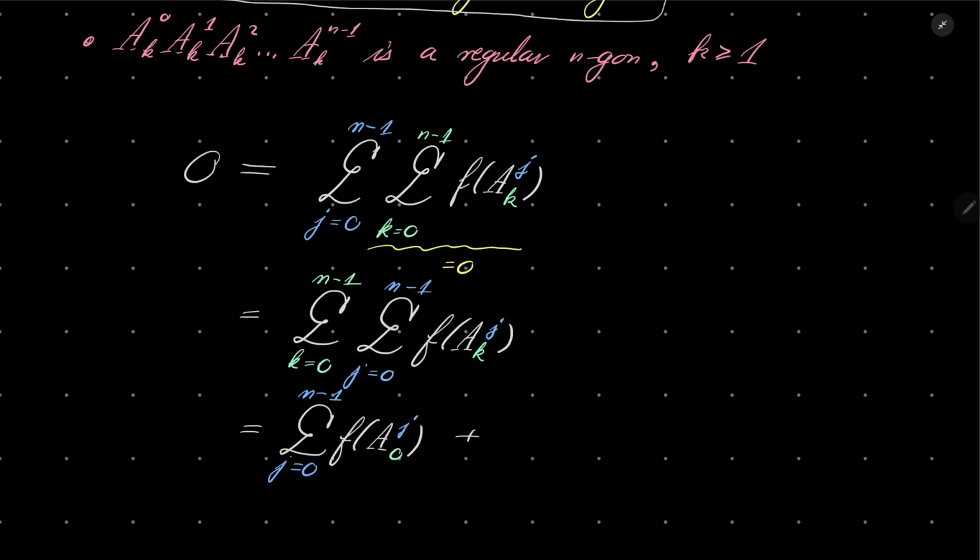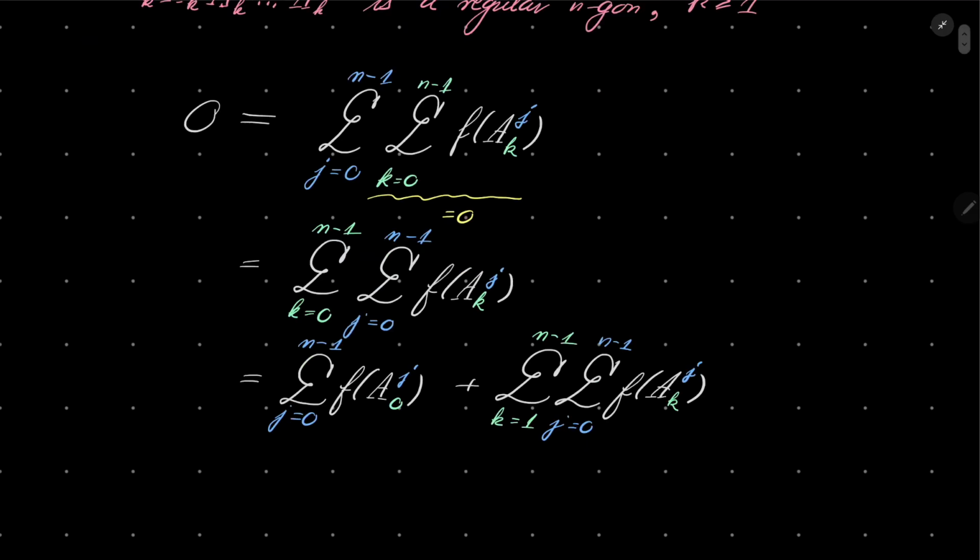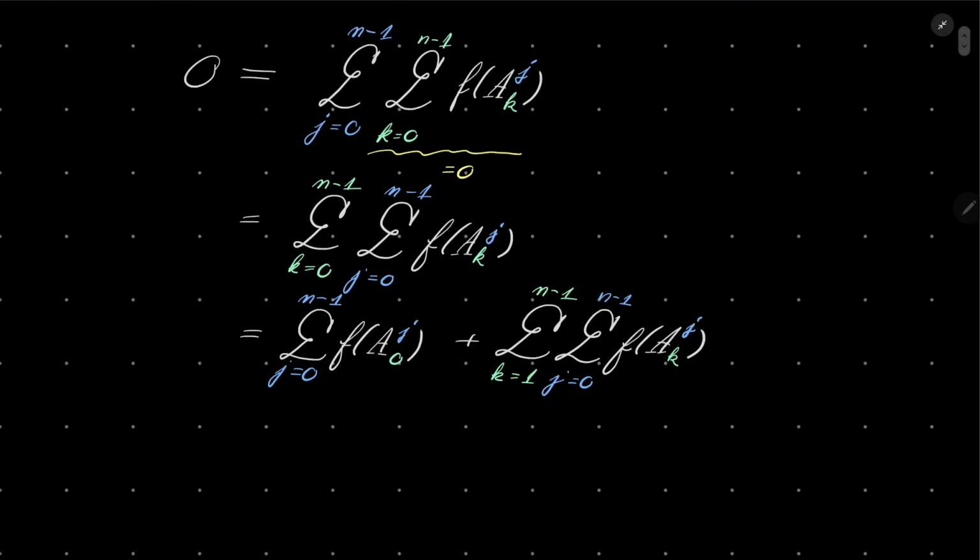And my second sum will go from k equals 1 to n minus 1, and j from 0 to n minus 1. Now, what is it? Here we are rotating point a0, and every rotation of a0 is a0. So we have n times a0, because we have n terms in our sum: n times f of a0.